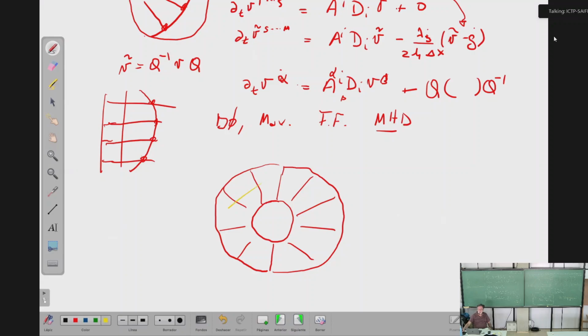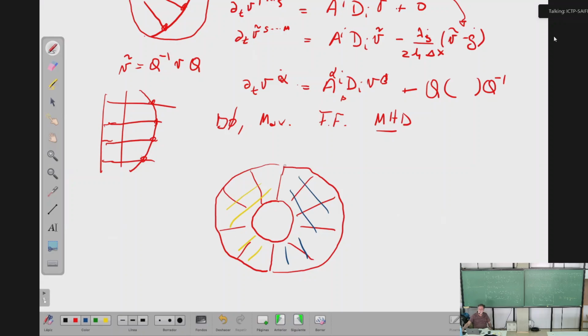This one, and there is another grid here. So you can solve here, this boundary is okay, and this boundary is okay. And you can solve here, and these boundaries are okay, right?